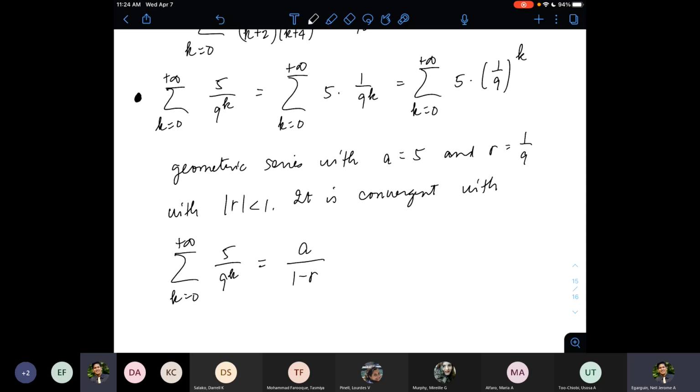That formula will apply whenever the magnitude of r is less than 1. So this is 5 over 1 minus 1/9. So that's 5 over 8/9. So that would be 45 over 8.